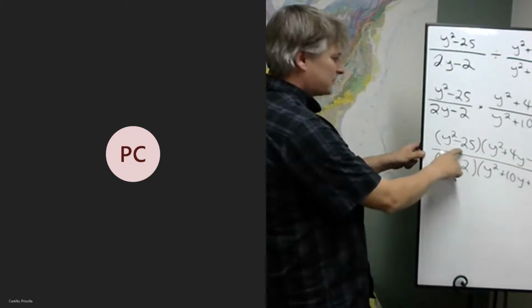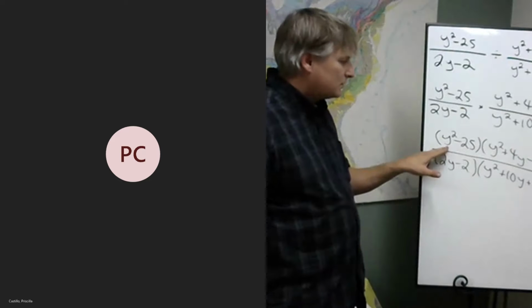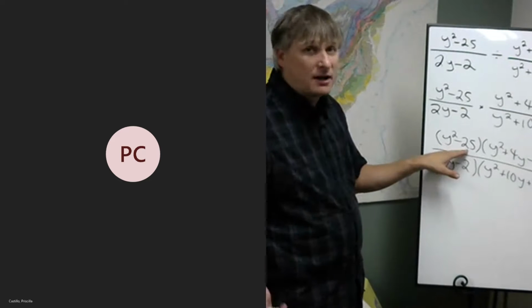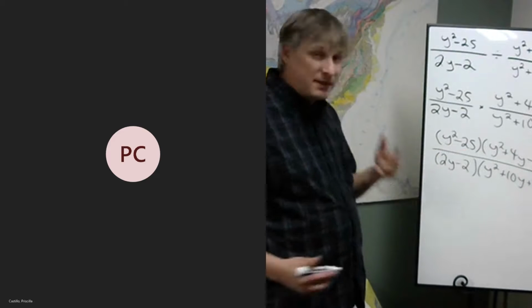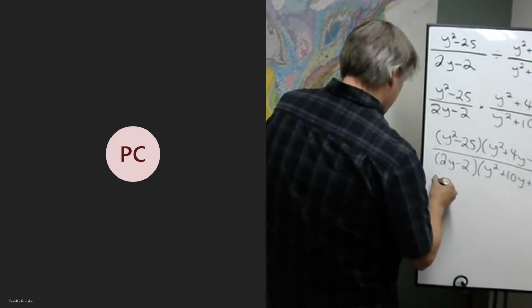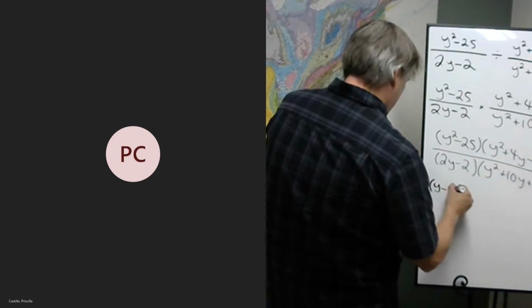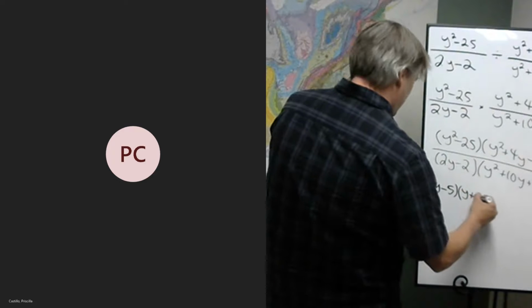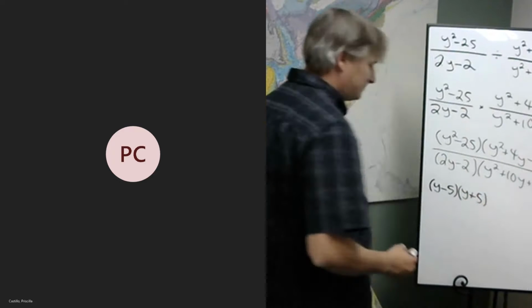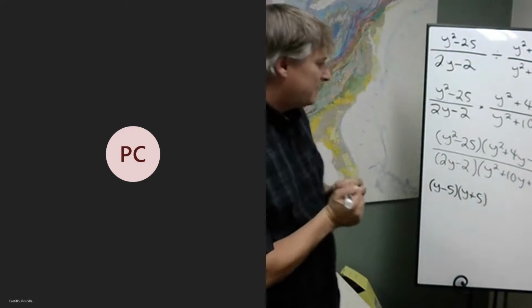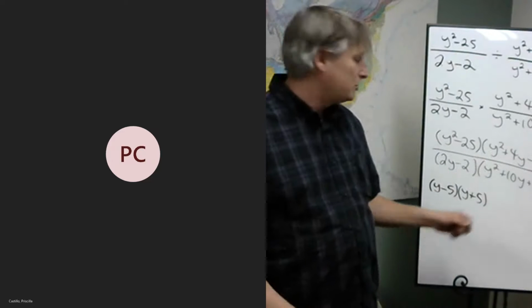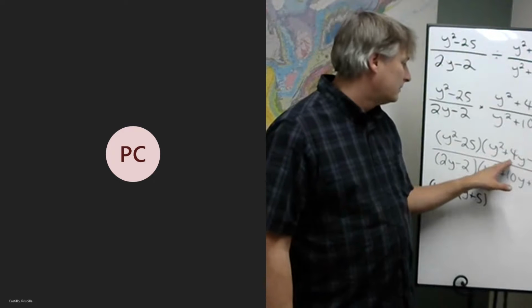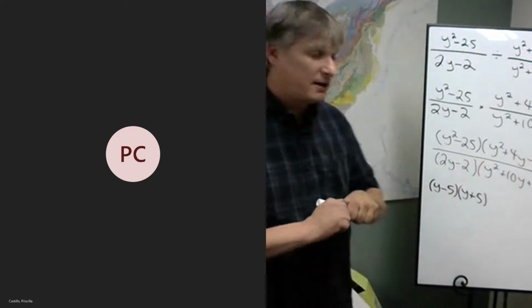Now, again, this is a difference of squares, where a is y, b is 5. So y squared minus 5 squared. So that's going to become a minus b, a plus b. Now this one, again, we're going to use guess and check. So 2 numbers that add up to 4, but multiply to negative 5.